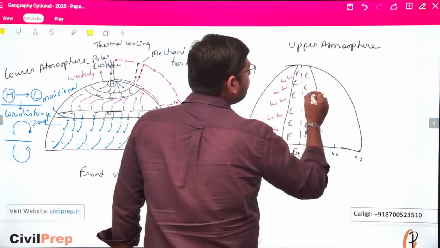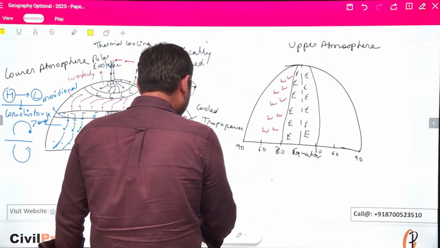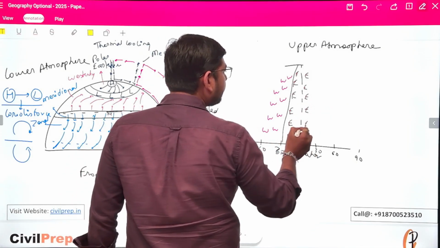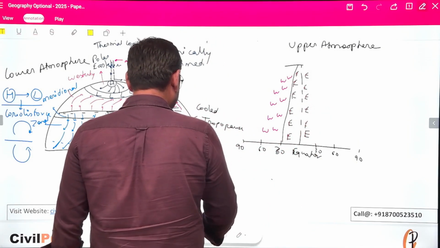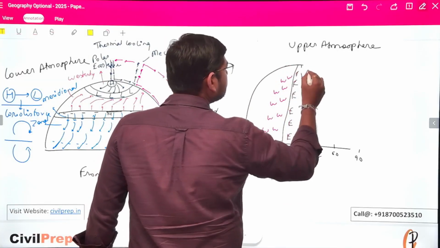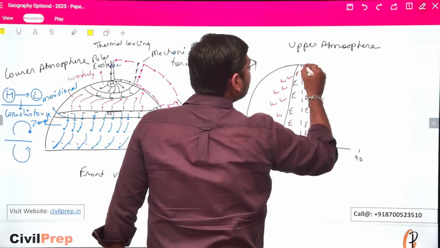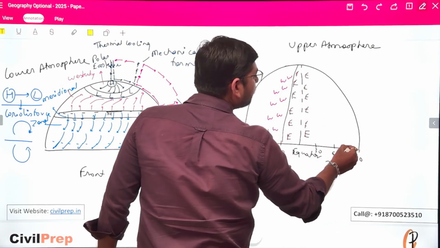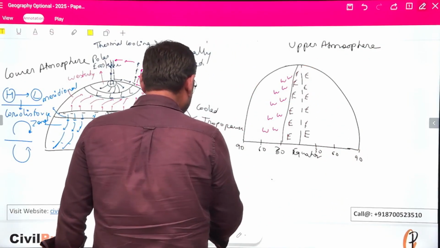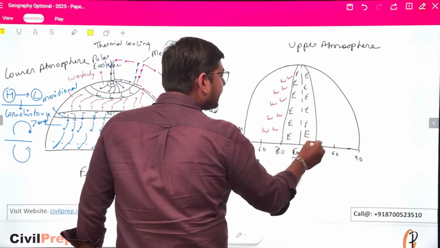Okay, so here we can also see that as the winds reach the tropopause, here the extent of easterlies declines.